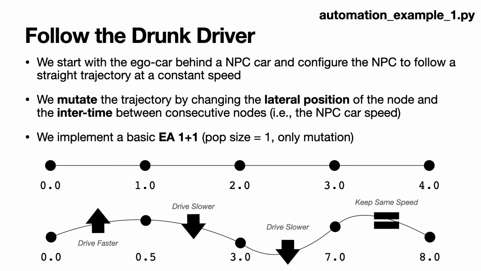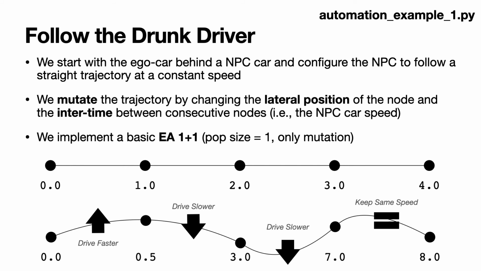So the first case, which you can find implemented in automation_example_1.py, is following a drunk driver. So the idea is that we start by configuring the hidden car that the ego car should follow to follow a straight trajectory on a straight road, driving at constant speed.